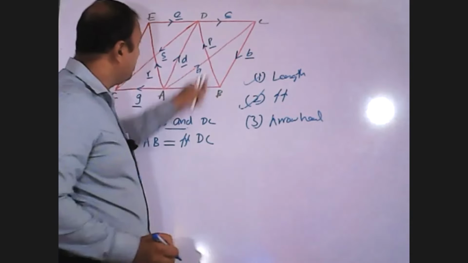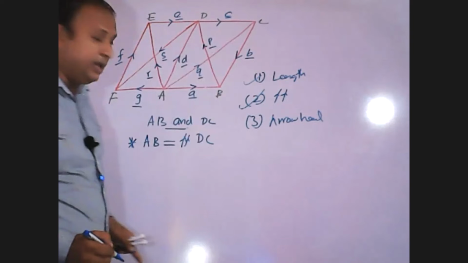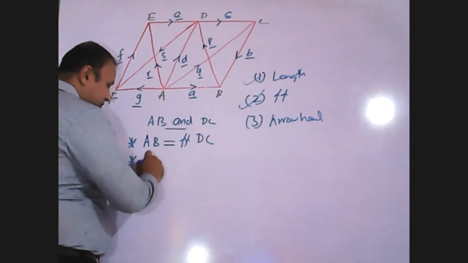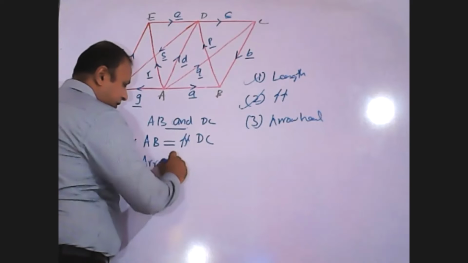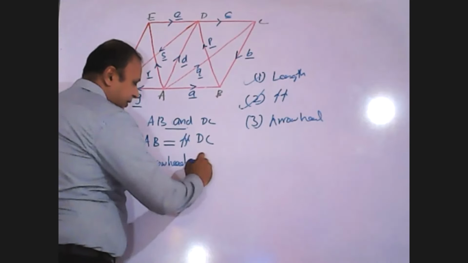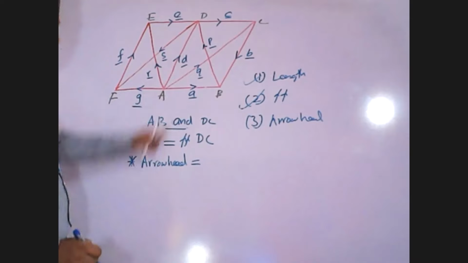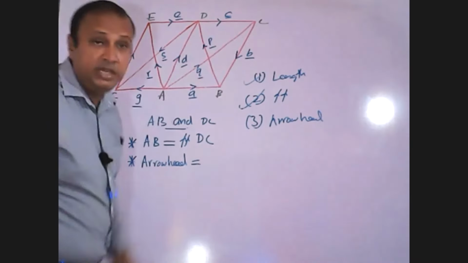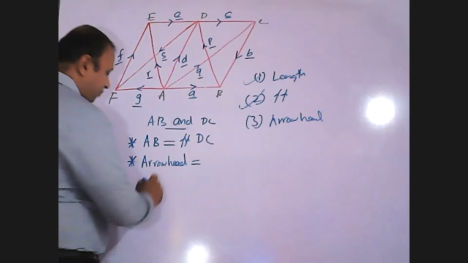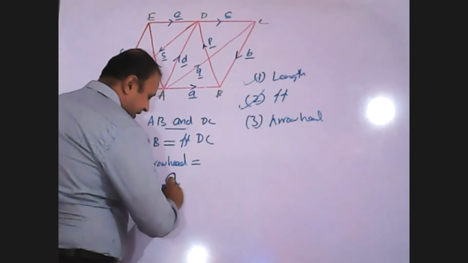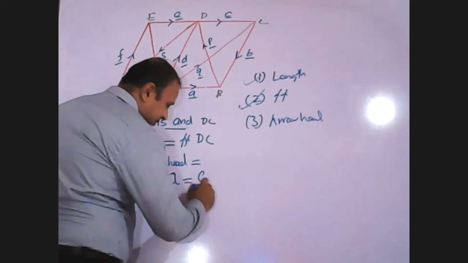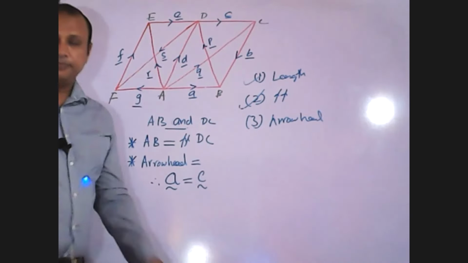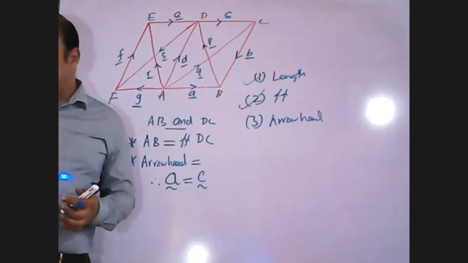Arrowhead directions are equal. Therefore, vector AB is equal to vector DC. Do you understand?